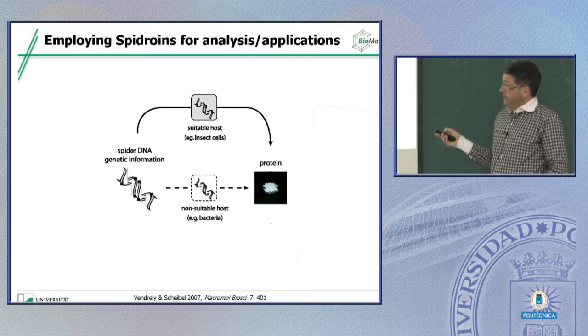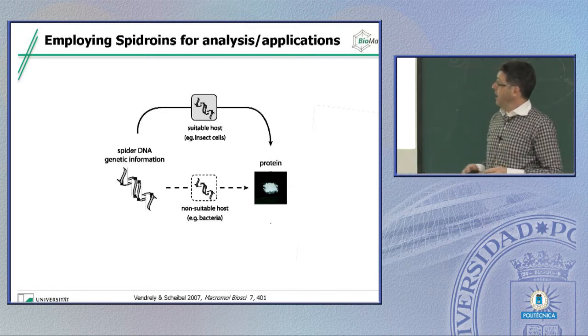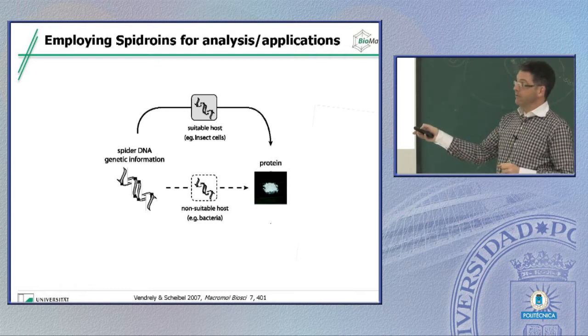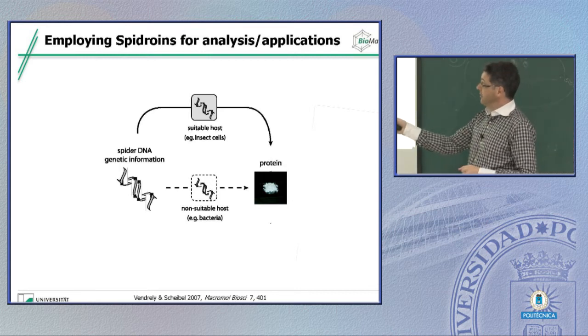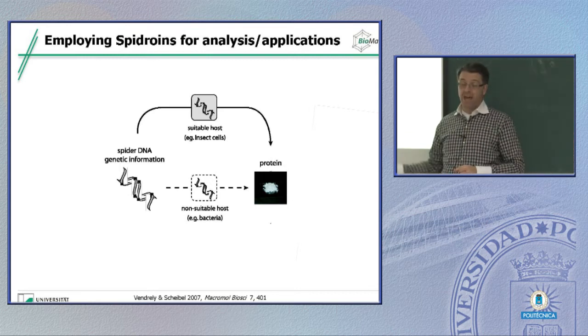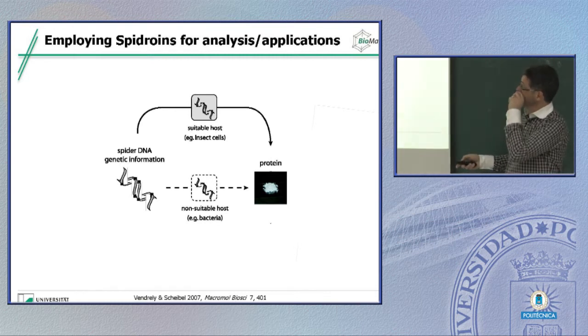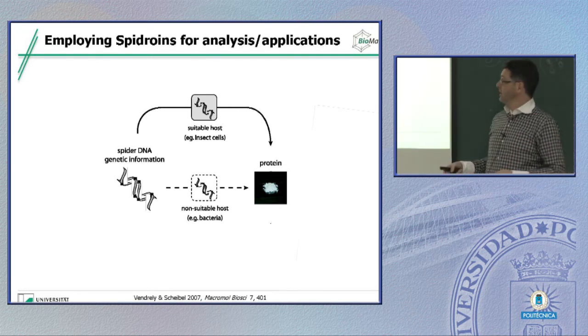So typically, what you would do if you want to biotechnologically produce a protein is get the genetic information of the animal, in this case spiders. So you have to get DNA. There are several techniques for getting DNA libraries, for instance. And as I told you, you can now transfer the DNA to a host organism.